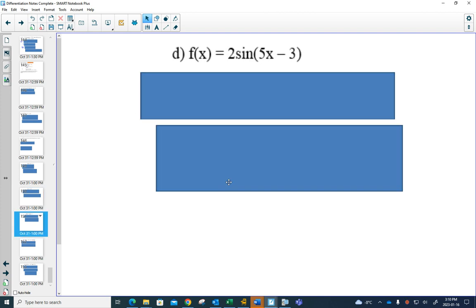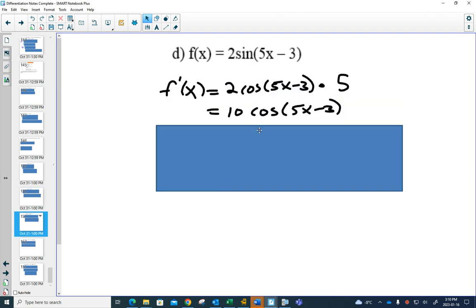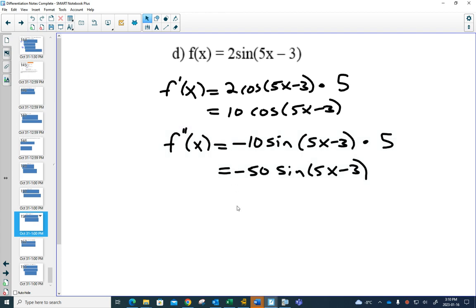And ready, check D. First derivative, chain rule in there. I moved that 5 to the front to make it 10. Second derivative, chain rule again, negative 50. Can you see that there was a 2 up in front? Then there's a 10. And then there's a 50.